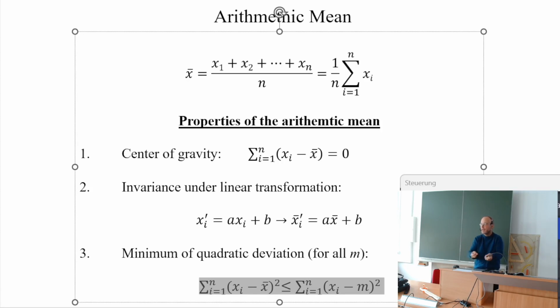Because in a general way, the median is also a mean of your distribution. But if you calculate the squared distances with respect to the median, then in general this would be larger than the sum of the squared distances relative to the arithmetic mean.